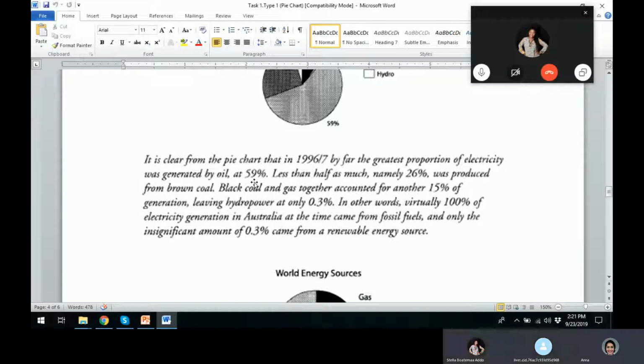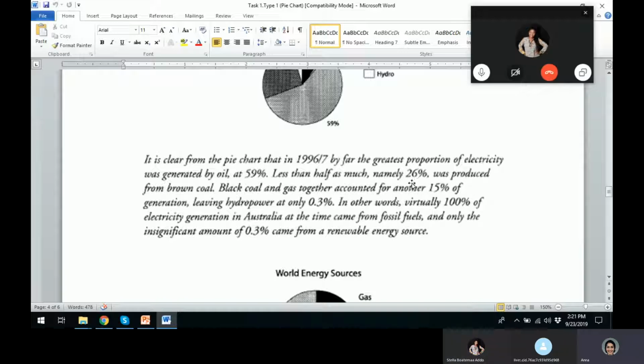Okay? Another, less than half as much, namely 26%. So the paraphrase is less than half as much, and the supporting detail is 26%. Okay, and take note, the details are separated from the main sentence with commas, comma after oil, comma before and after, namely 26%.